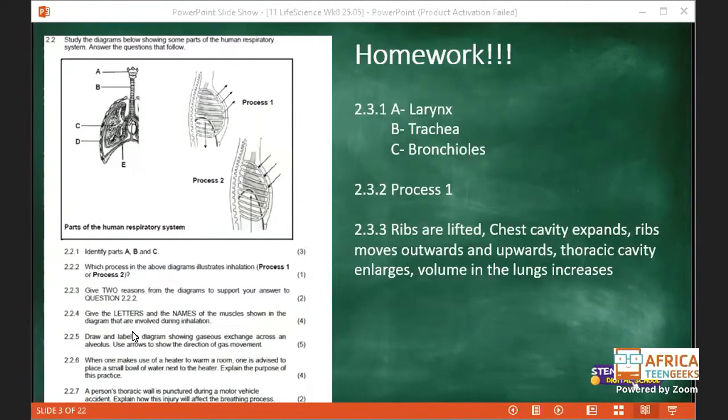2.2.5. It says, draw and label a diagram showing gaseous exchange across an alveolus. Use arrows to show the direction of gas movement. Okay, so guys, we'll just compare the diagram that I will show on screen with the one that you drew in your books.